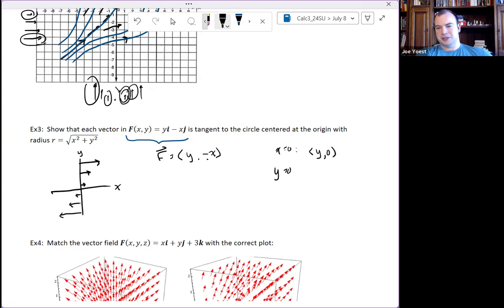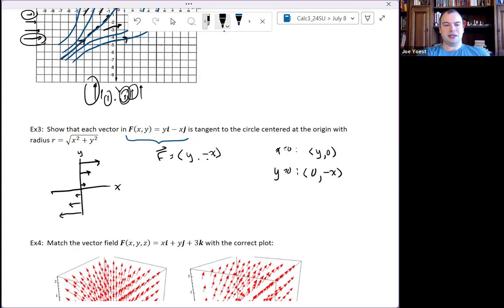What about when y is 0? So on the x-axis, when y is 0, we have 0 comma negative x. So when x is negative, when my anchor points, my initial points, are to the left on the x-axis, I have vectors that have 0 horizontal deviation but do have a vertical deviation.